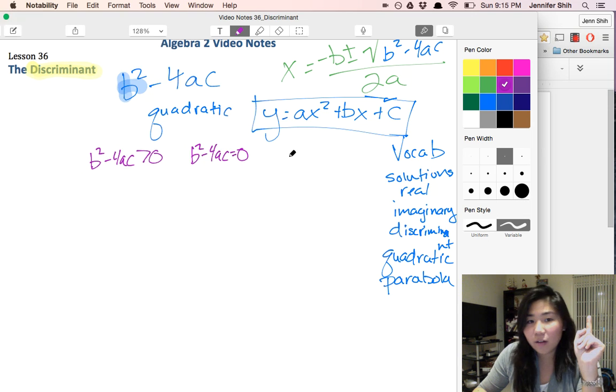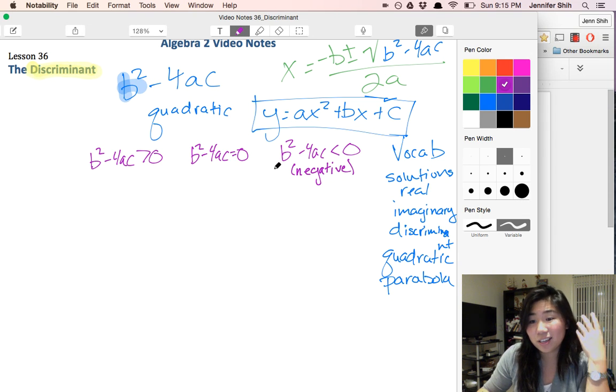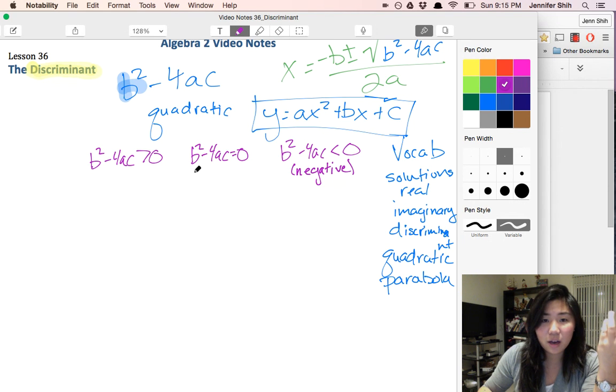And then we have b squared minus 4ac less than 0. Another way to say this is that the discriminant is negative. This is when it's equal to 0. And this is when the discriminant is positive.